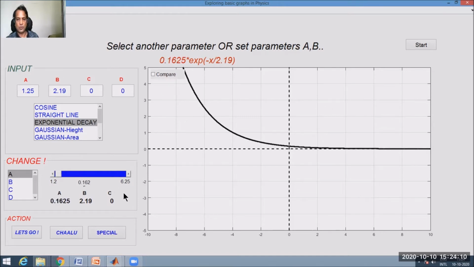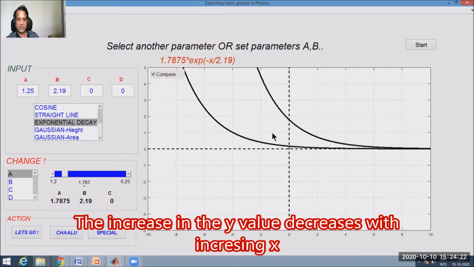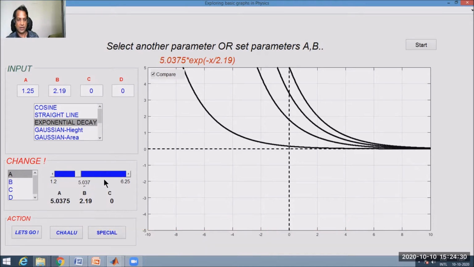So let's put a small value, and at present it is 0.16. Let us see in comparison how it looks. For 0.16 it looks like this. This is for 1.7. This is for 3.14, and this is for 5.037. So where is this number sitting?